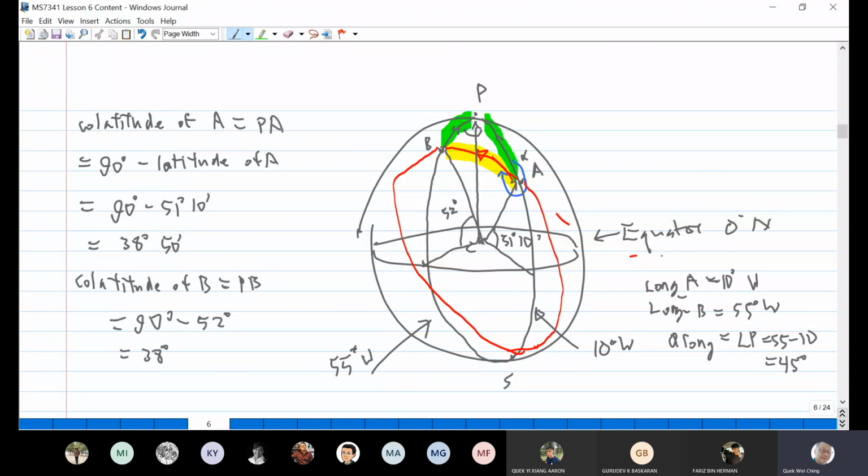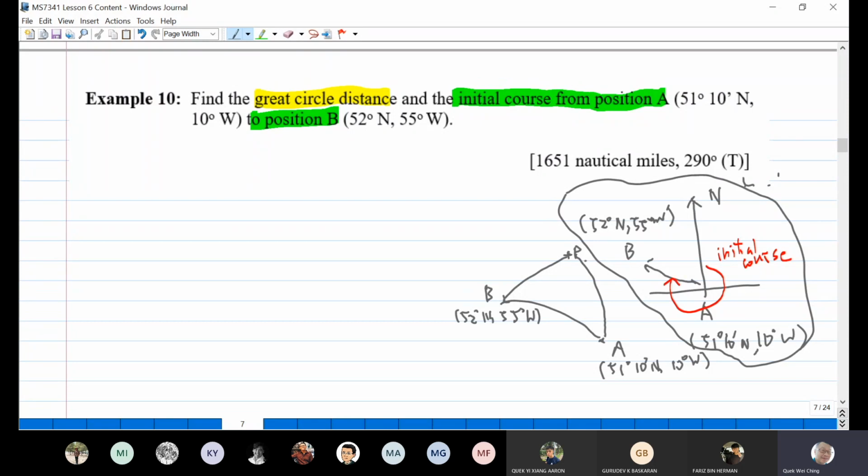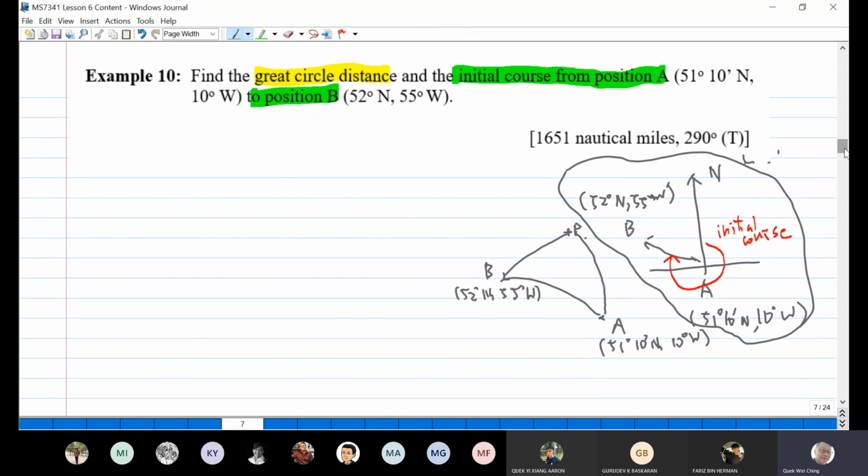So this is how you analyze the problem and then transfer this picture to the spherical triangle. Okay, so go back to this question now. PA is 38 degrees 50 minutes.